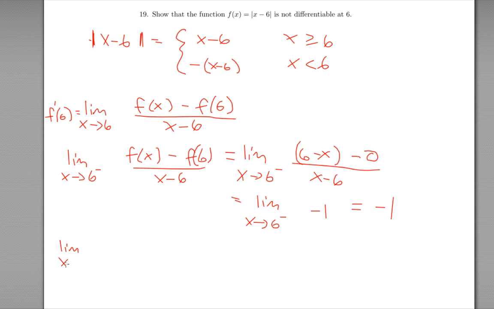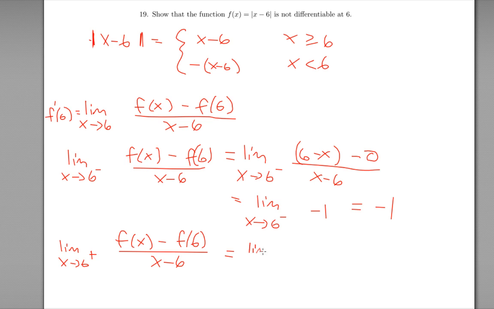So the limit as x goes to 6 from the right of this thing, sorry, this is not the derivative, this is the definition of the derivative. So the limit as x goes to 6 from the right of this thing is equal to, well, what version of the function should we be using? Well, we're looking at 6 going to the right, from the right, so we should be using positive versions of the function, so we should be using x minus 6.